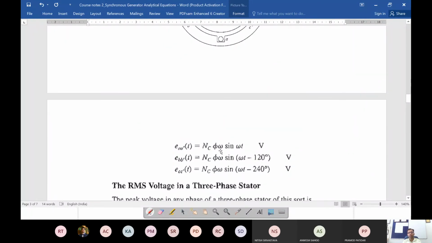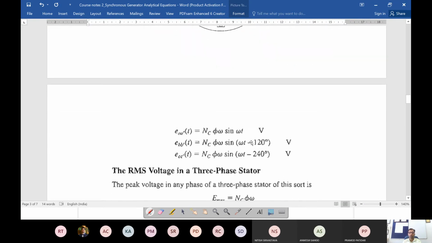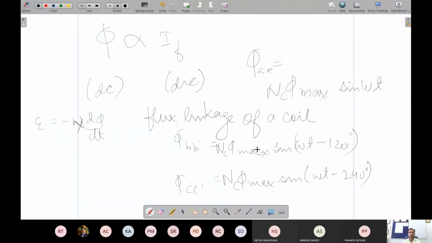The maximum value of the voltage is the same, NC phi omega, and these three voltages have a 120 electrical degree phase separation in the generated coils, that is, in the stator coils. That is how finally you get this three phase voltage profile. So this will be VAA dash, then you have minus 120, this is VBB dash, and this is VCC dash. That is how you get this.